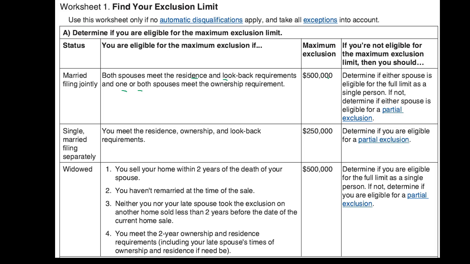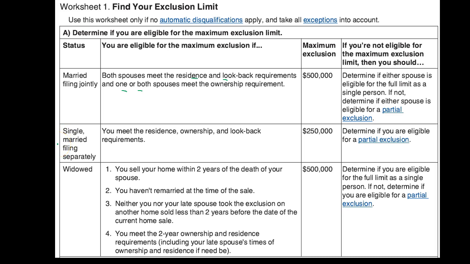So if we go through it and we say, okay, we can't get the full exclusion, is any one of the individuals eligible for the single exclusion, where then we might still possibly get the single, which would be the 250. And if not, then we go down to the partial exclusion and see if there are any qualifications for some type of partial exclusion. That's going to be the general process for married filing jointly. What if we're single, married filing, or married filing separate?